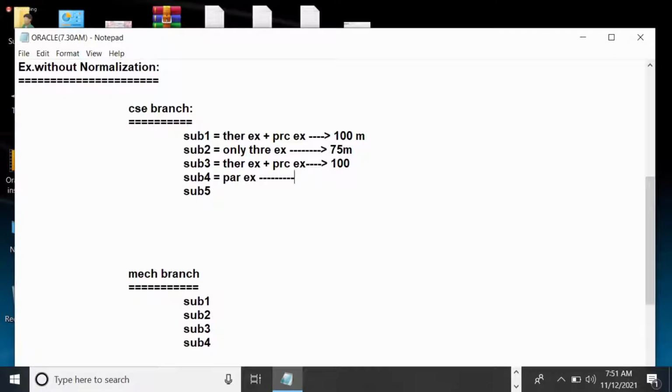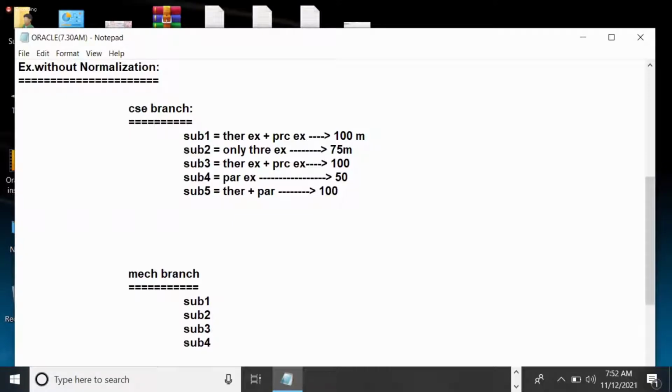So the practical exam here is 50 marks. And next, subject number 5 again has theory plus practical. So this is 100 marks.